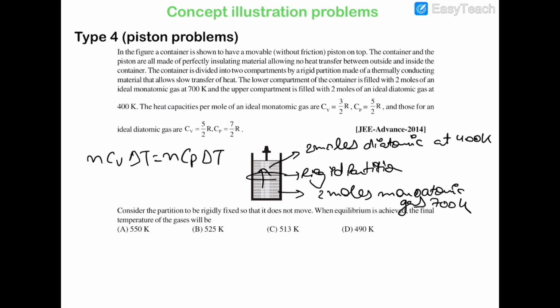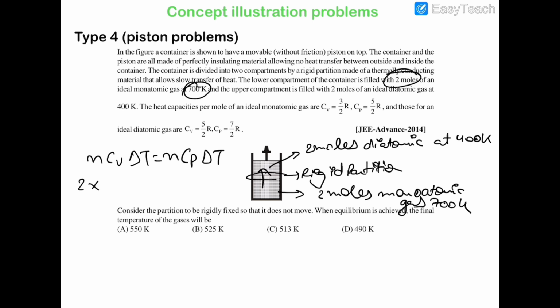So the heat given by the lower gas will be 2 Cv. In fact, the lower gas is a monatomic gas, which is at 700 Kelvin, and the number of moles is 2.